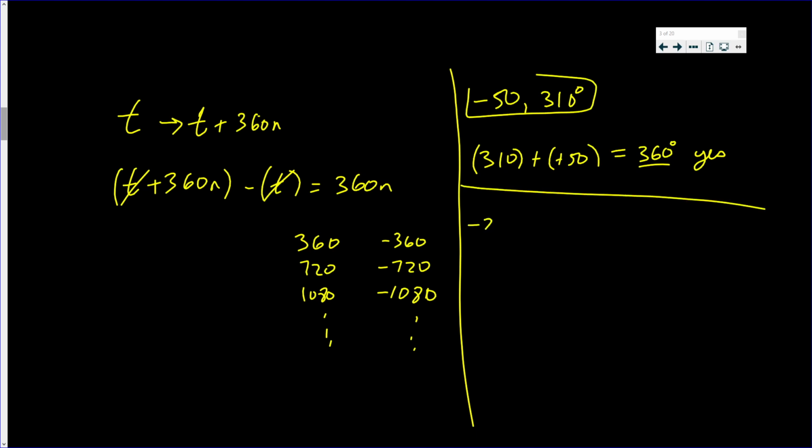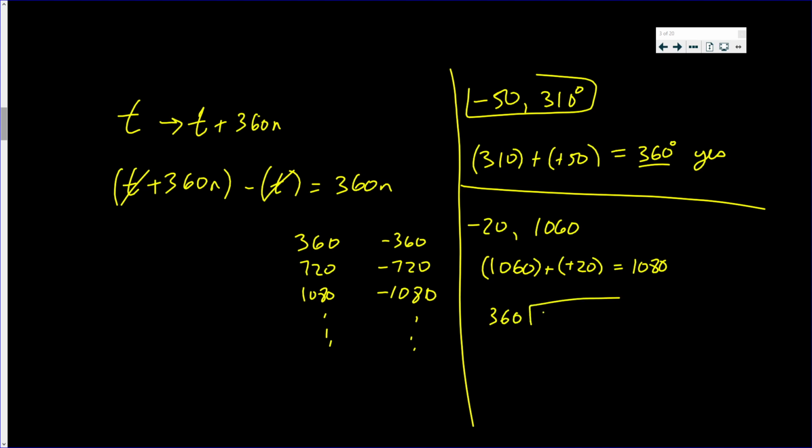What if you had negative 20 and 1060? You subtract. It's easier to do the larger number minus the smaller number, and that's 1080.